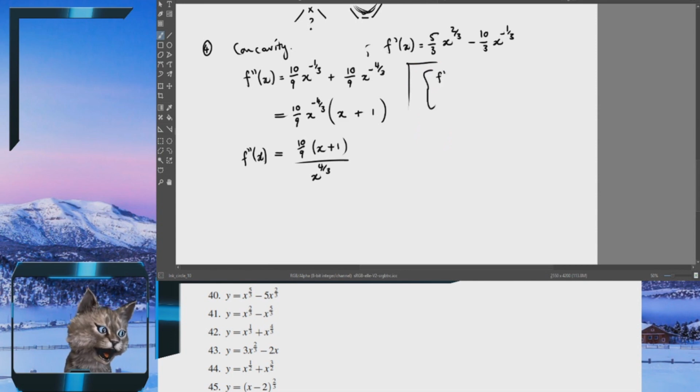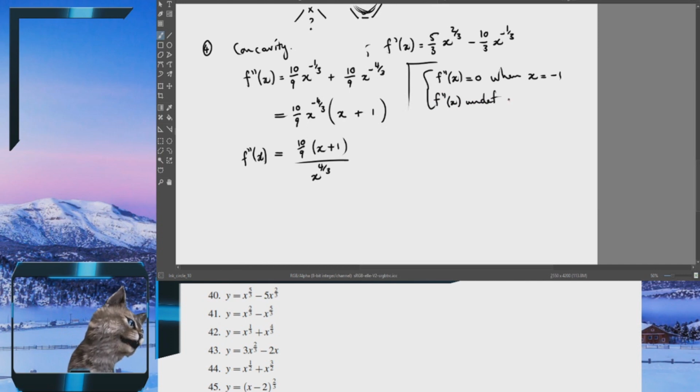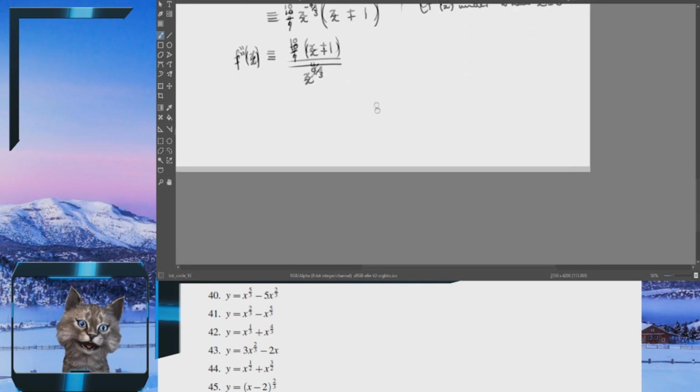So I look at where my second derivative is equal to 0. Having done the work to simplify, it's as easy as saying x equal to negative 1. Where is the second derivative undefined? Having done the work, it's when x is equal to 0.